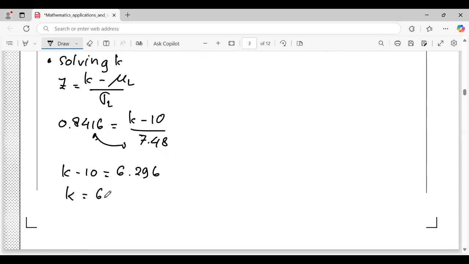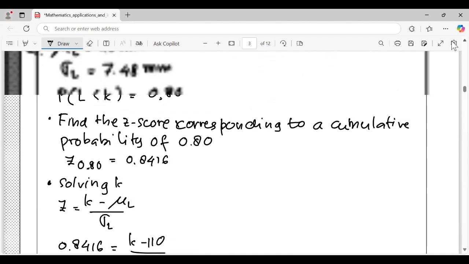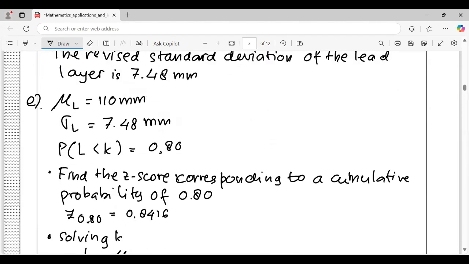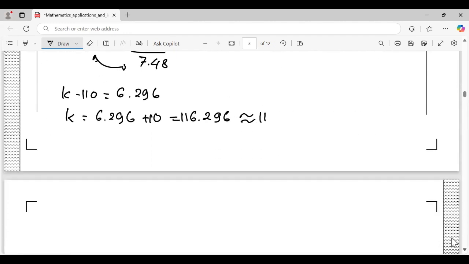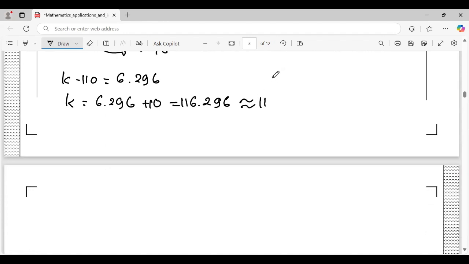That means k equals 6.296 plus 110, which is 116.296, or rounded off, 116. So k equals 116.